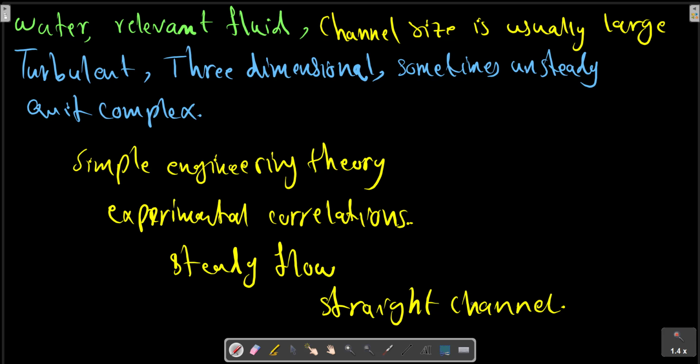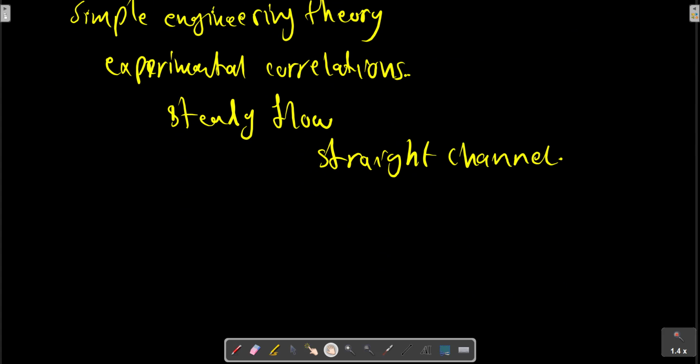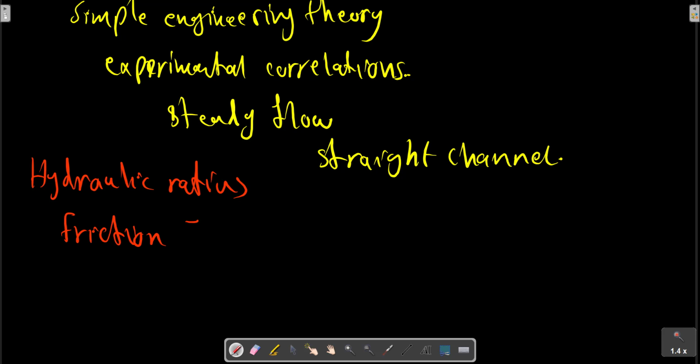On regular geometry, we can borrow and use some concepts from duct flow analysis: hydraulic radius, friction factor, and head loss.